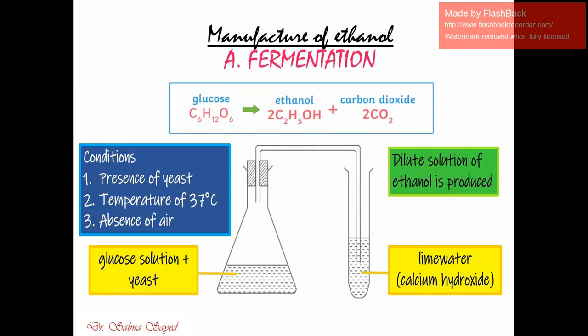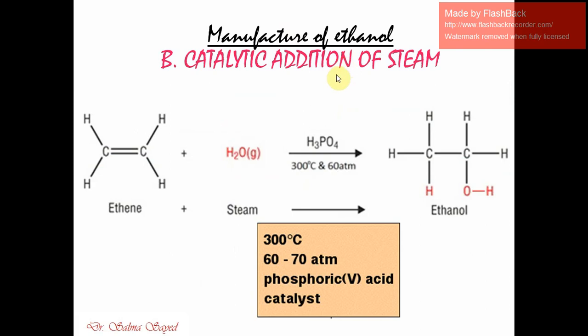Now one of the alcohols Cambridge is really interested in is ethanol. Among the uses of ethanol are that it's used as a fuel, it's also used in the alcohol industry. How can we prepare ethanol? We have two major techniques, the first of which is fermentation, and the second is by the catalytic addition of steam.